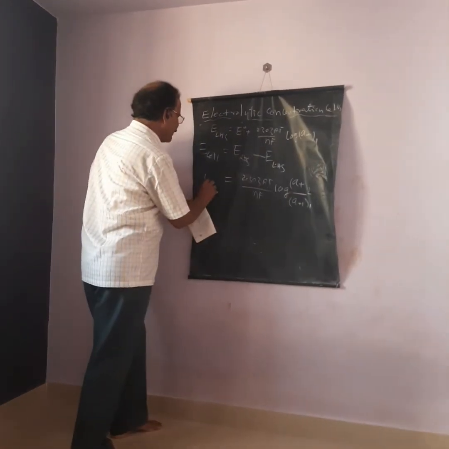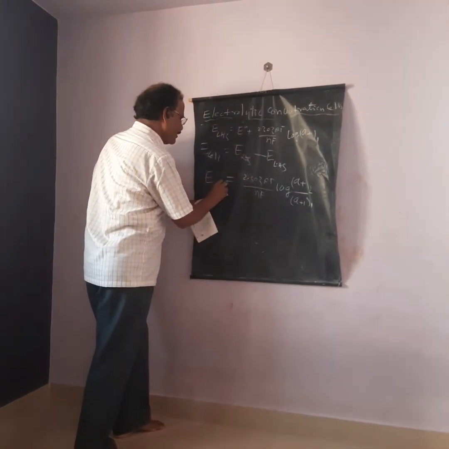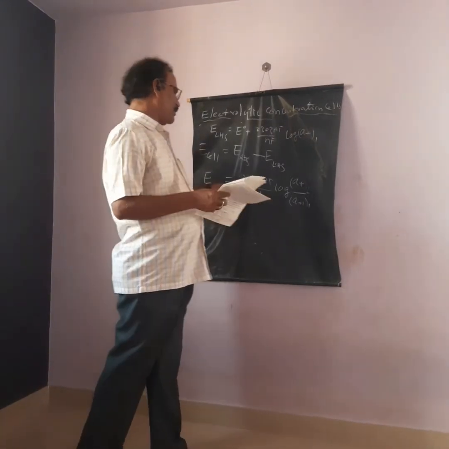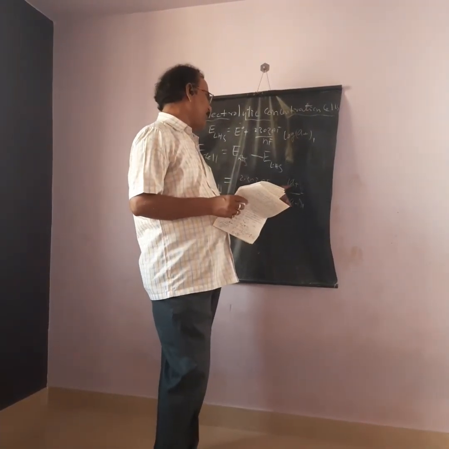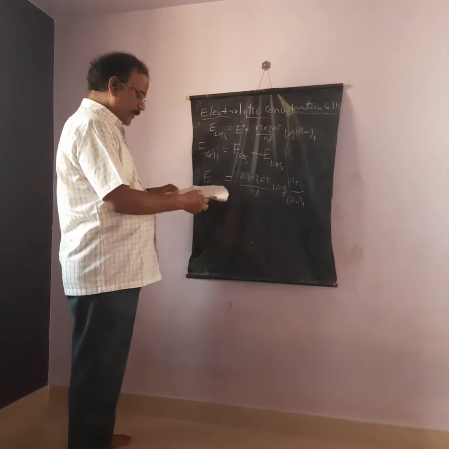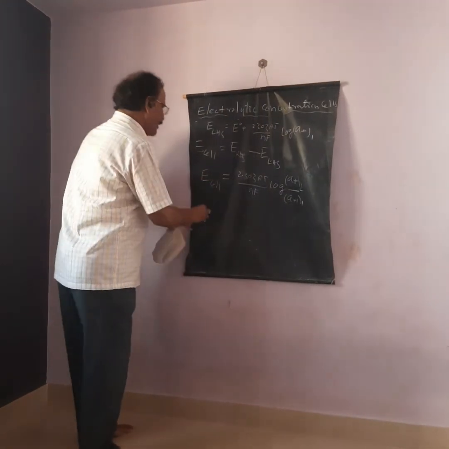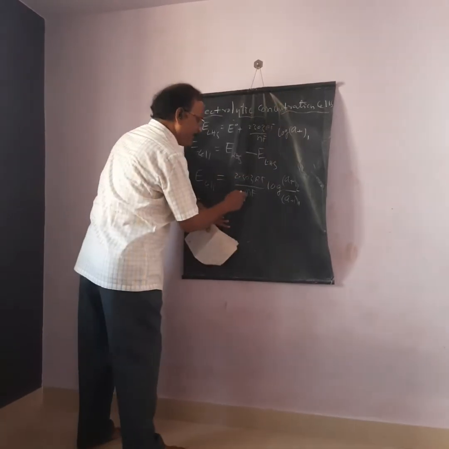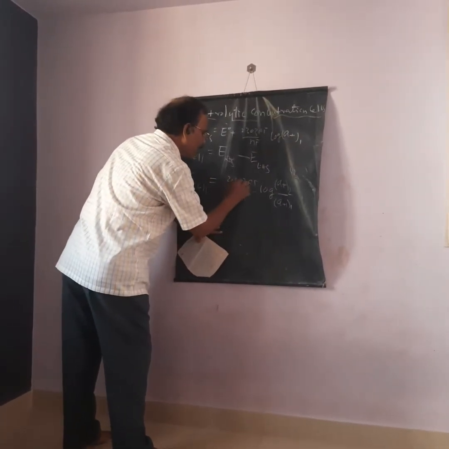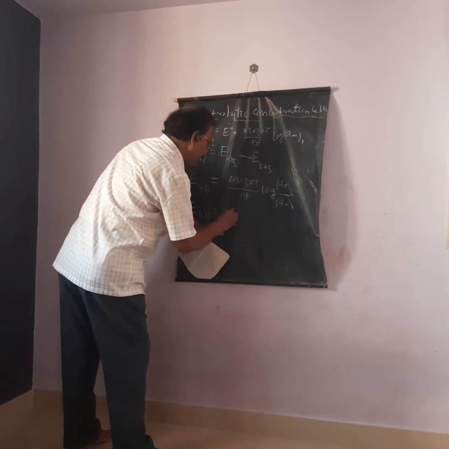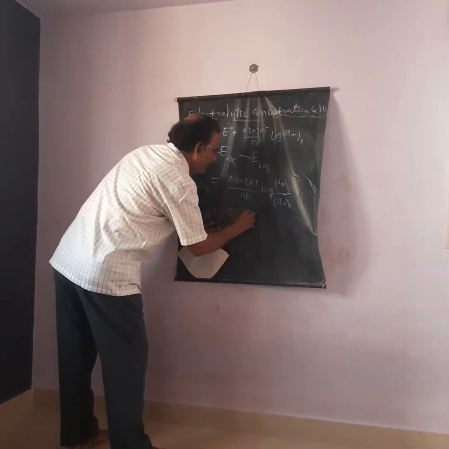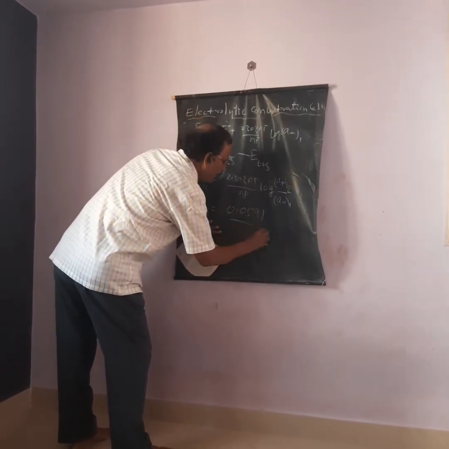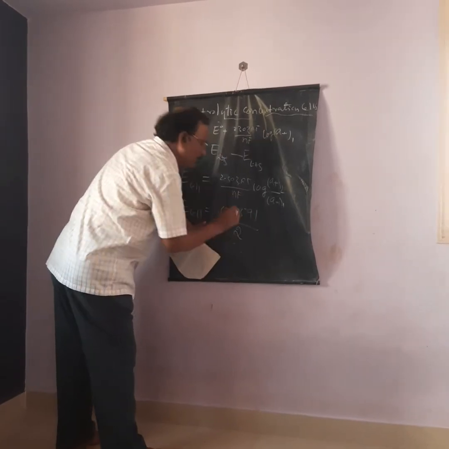After calculating, the EMF of the cell is equal to 2.303 RT by nF into the logarithm of A2+ over A1+. Or you can write the EMF of the cell at 25 degrees, when n is equal to 2, as 2.303 RT by F, which is given by 0.0591, divided by n equal to 2.